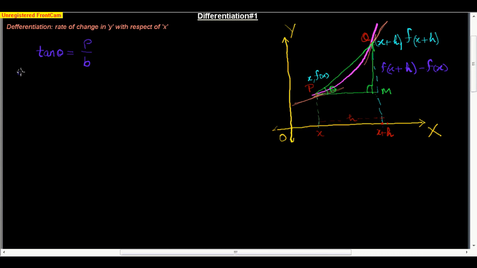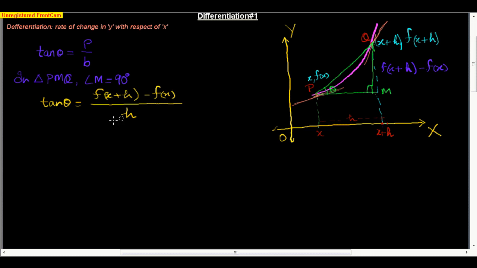Therefore in triangle PMQ, where angle M is equal to 90 degrees, tan theta is equal to f of x plus h minus f of x, this is the perpendicular, and h is the base.